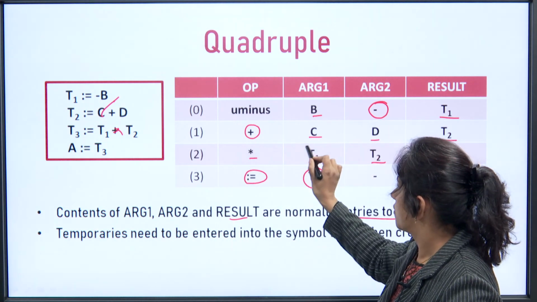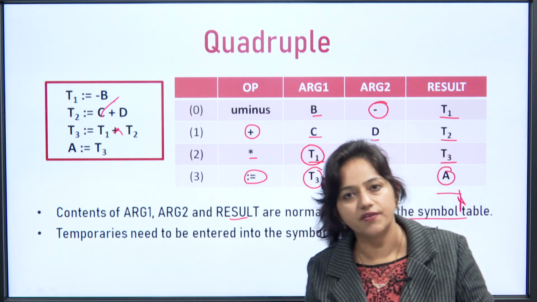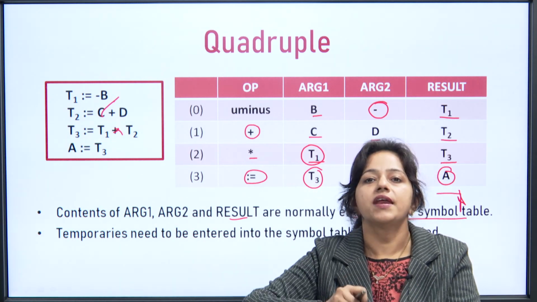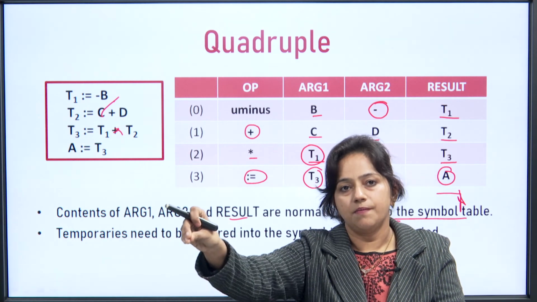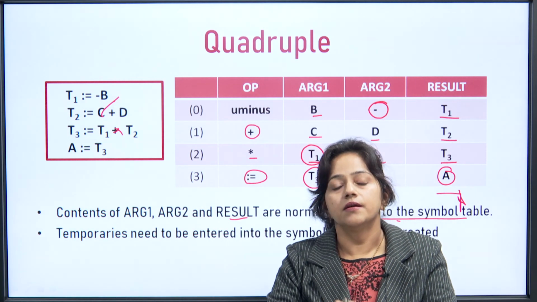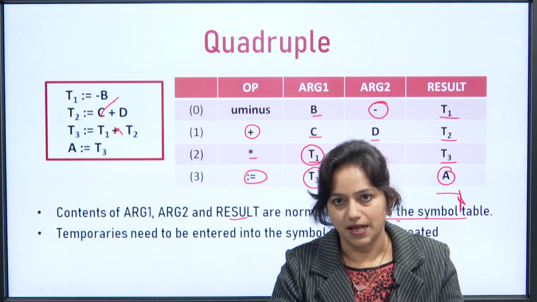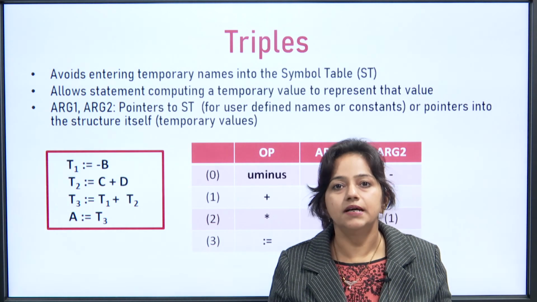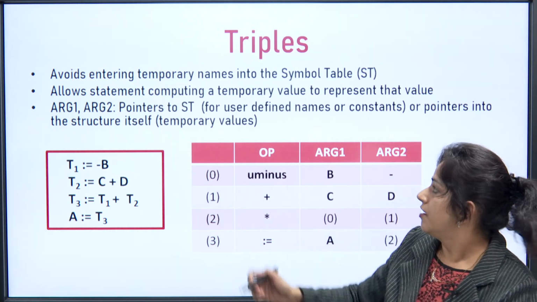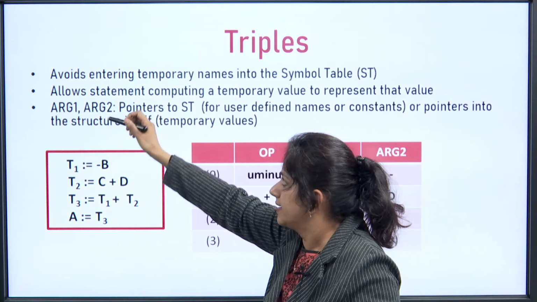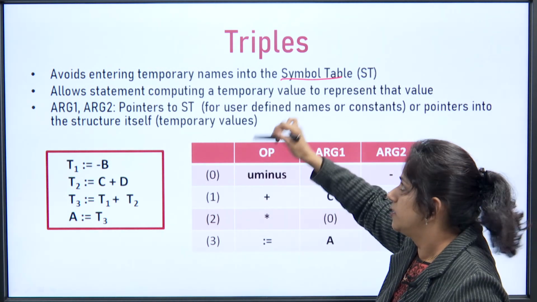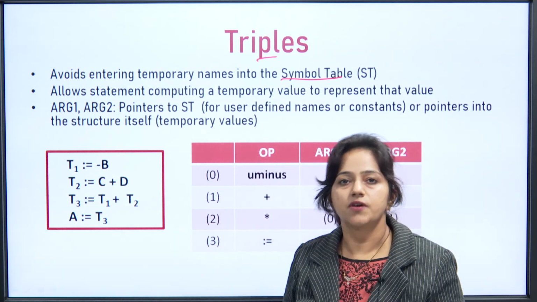In this table we also have some temporary variables, which implies that we need to store temporary variables in the symbol table as and when they are created. We will make an entry of every temporary variable in the symbol table. There is one simpler, easier solution to avoid entering temporary names into the symbol table: we can use another notation, that is triples.